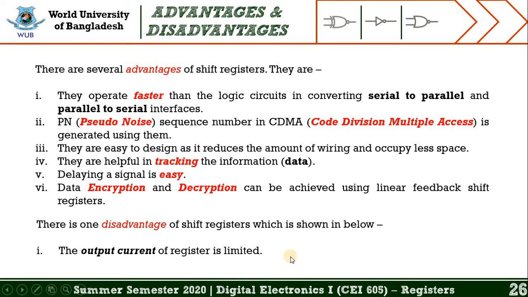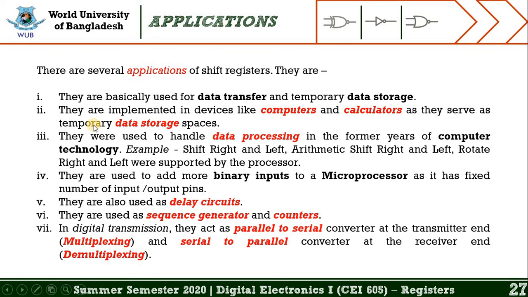Now, time has come to learn some of the applications of shift registers. That's why we need to move into the next slide. There are several applications of shift registers. They are basically used for data transfer and temporary data storage. They are implemented in devices like computers and calculators, as they serve as temporary data storage spaces.